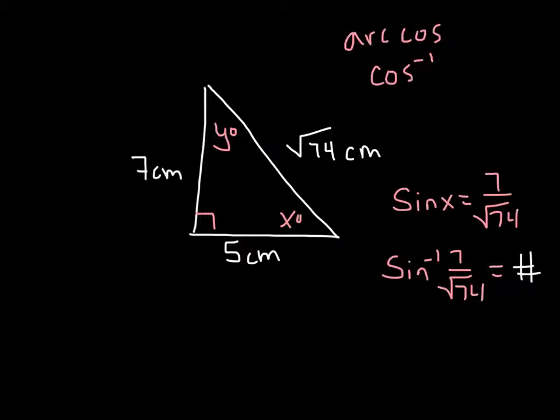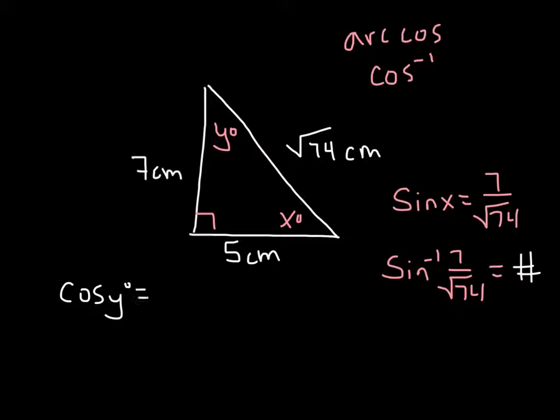So what I'm going to ask you to do is get a calculator out and actually plug this in. Find your inverse sine function, put in 7 over the square root of 74, and see what angle you get. And do the same for y, but in the case of y, you have to use an inverse function specific to y. For example, we could use something different than sine, like the cosine of y, just for sake of variety.